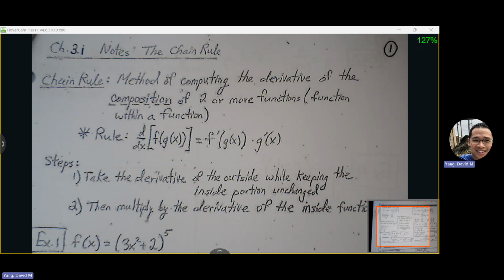But now we have composition. So what happens if I have a function within a function? To handle that, we go through chain rule. So the method of computing the derivative of a composition of 2 or more functions. So basically a function within a function.